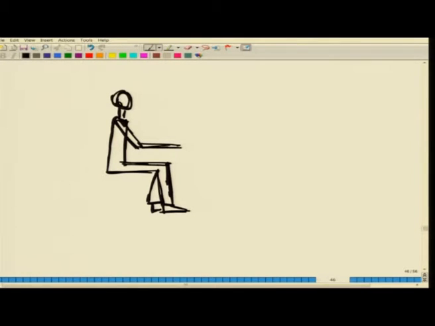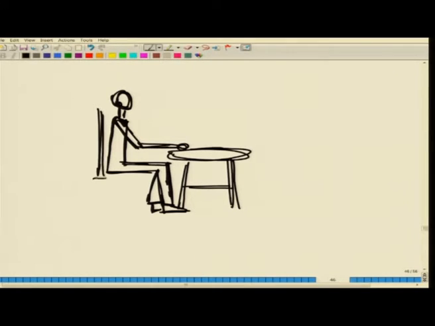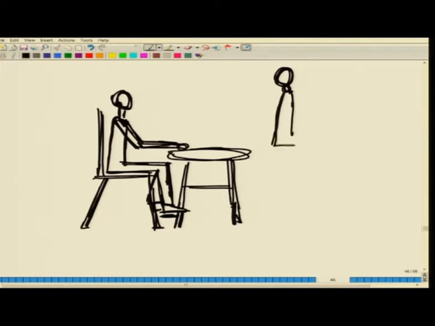It is a figure which is not moving, but sitting. There is emphasis on horizontal and vertical formation mostly. So, the person is not actually moving much. You have another figure that is standing, with less movement.